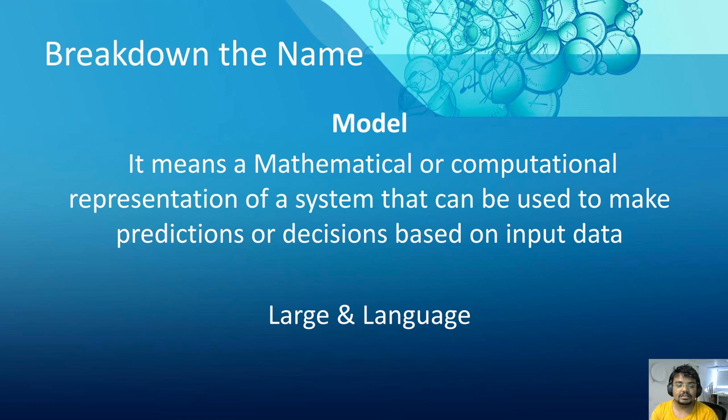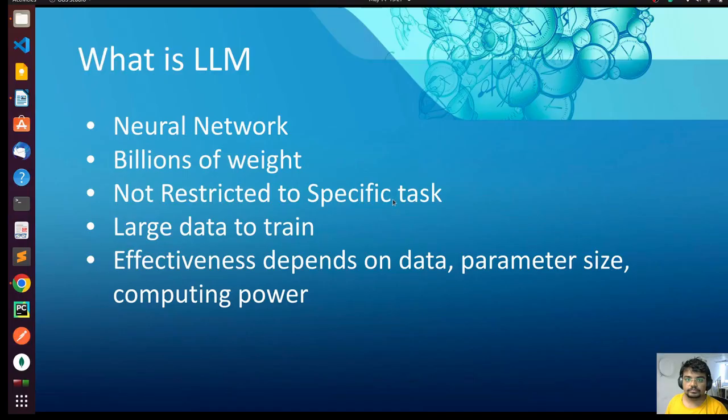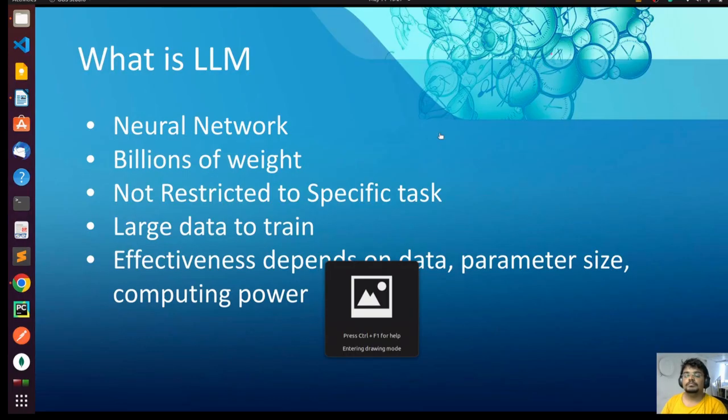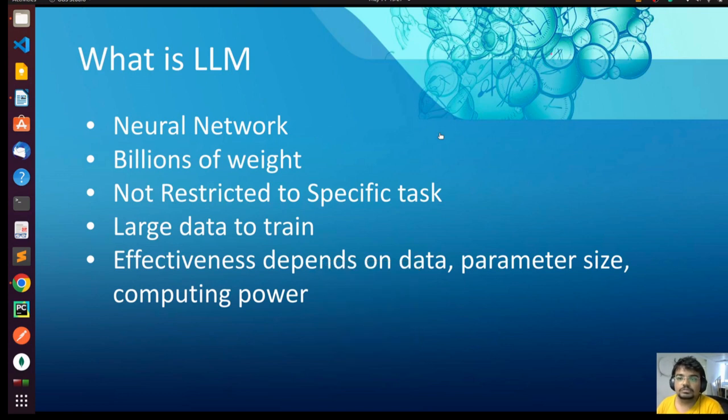To train an LLM, you need a large amount of data for it to do the prediction of words. So that's where large came from, and language is the natural language that we are speaking, or that the LLM will predict or answer to you. So this was what the word meant.